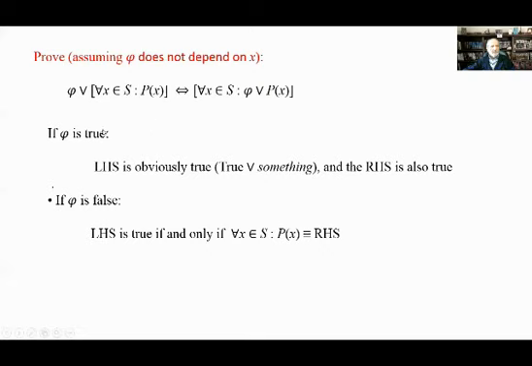So let's assume phi is true. So if phi is true, the left-hand side is obviously true, because true or true is true. And the right-hand side is also true, because phi is true, then this will be true for any x in S.